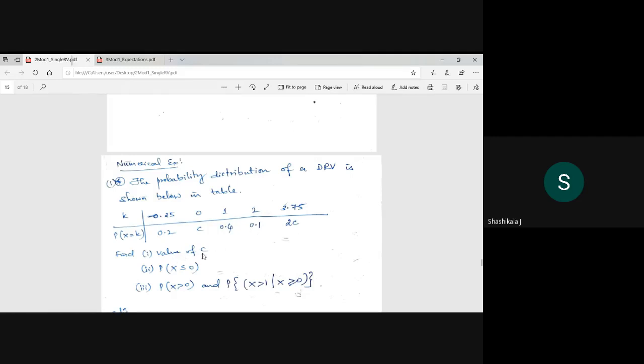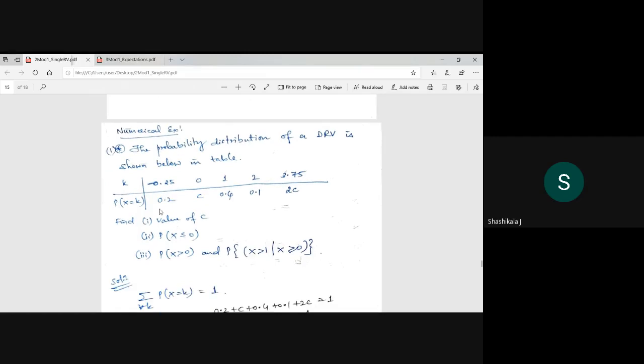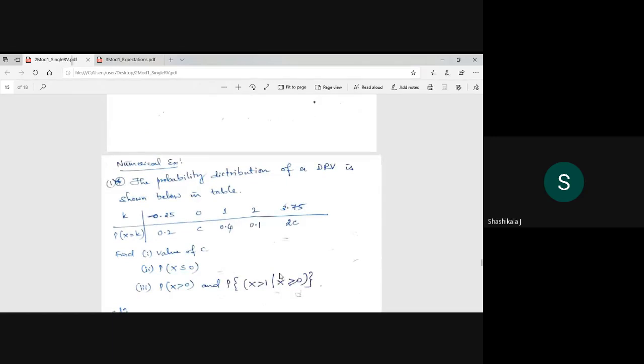What they have asked is to find the value of c, and next the probability of X less than 0. This is a real number, extended between minus infinity to plus infinity. Please make sure of that. And probability will only vary between 0 and 1. And the third is the conditional probability you have to find.